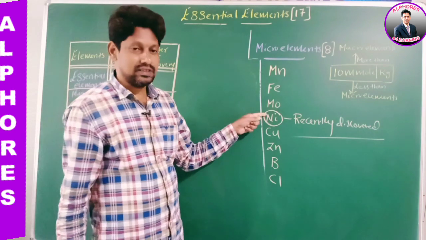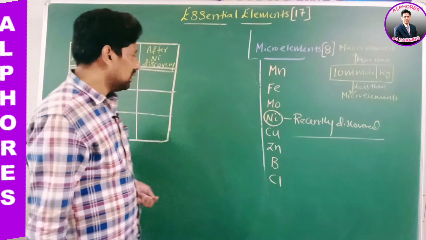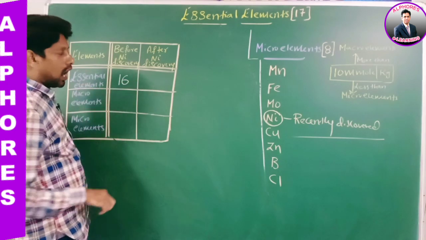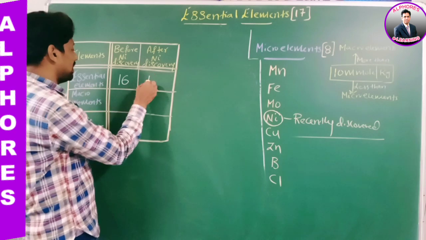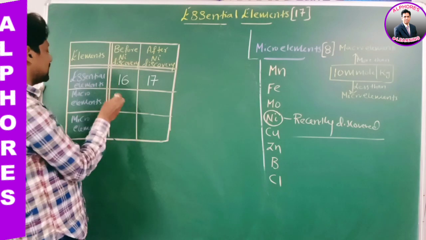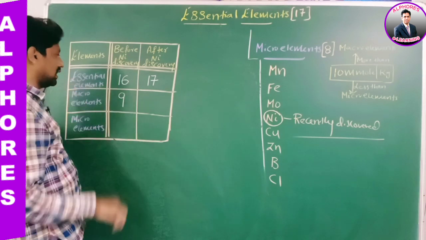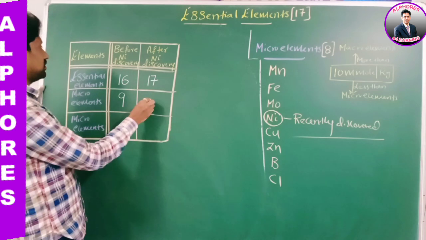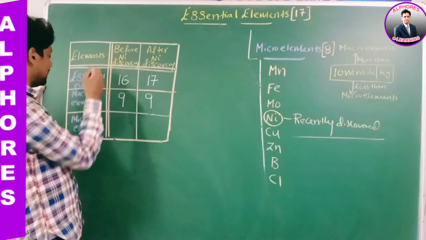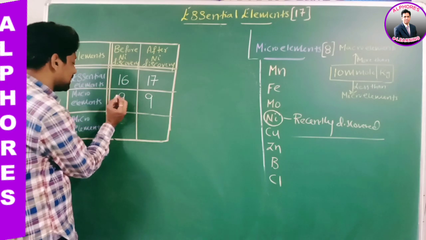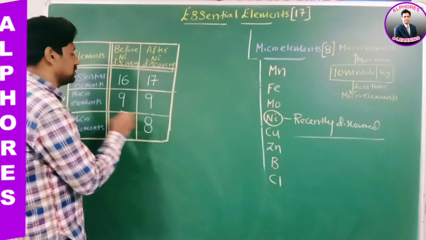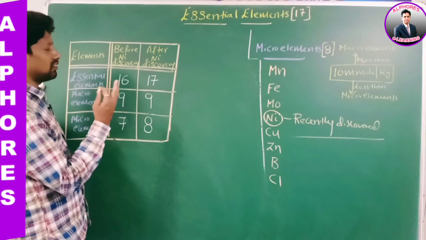Recently discovered essential element is nickel. Before nickel discovery, number of essential elements are 16. After nickel discovery, 17. Macro elements are 9 before and after nickel discovery.